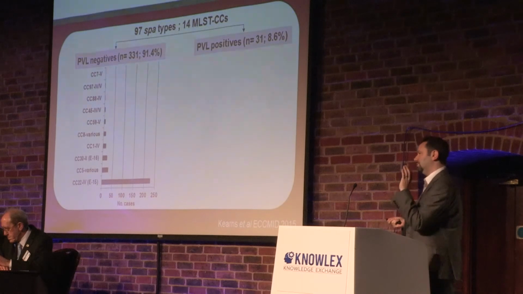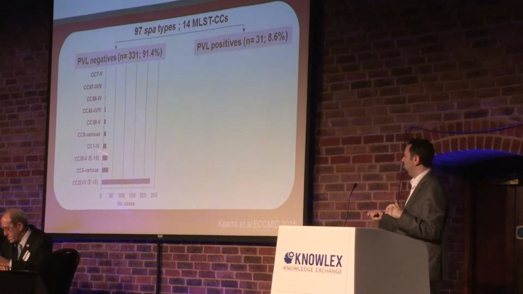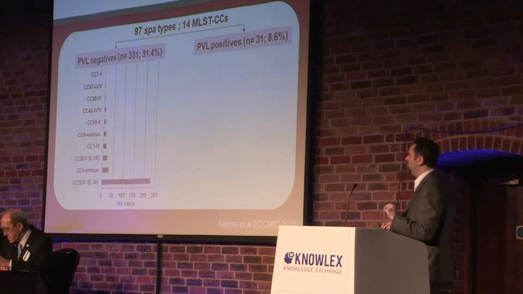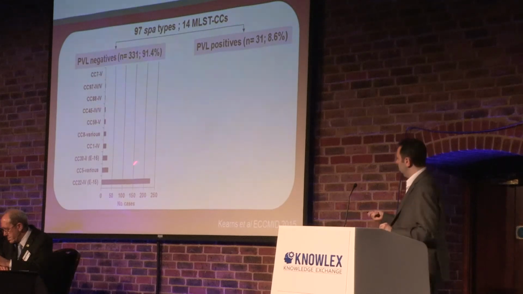In fact, just before the peak of MRSA, we saw E16 start to decline a little. Previously, E16 and E15 were responsible for about 90% plus of all the MRSA bacteraemias that we saw.